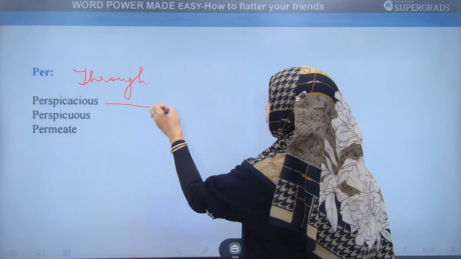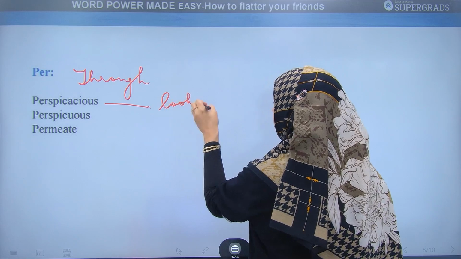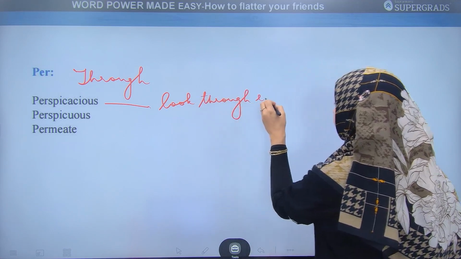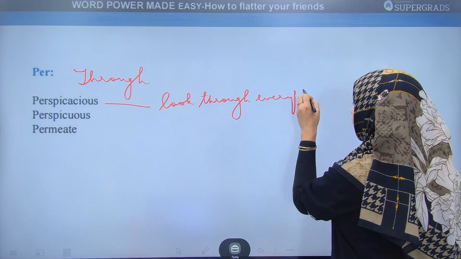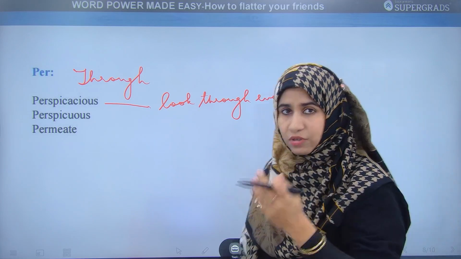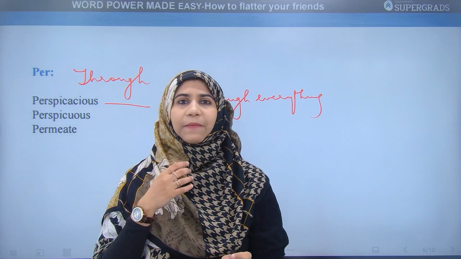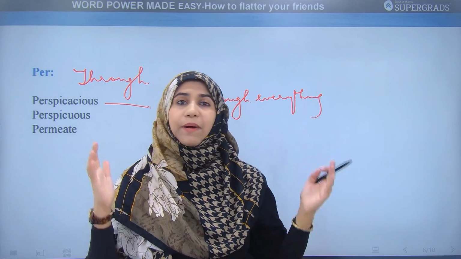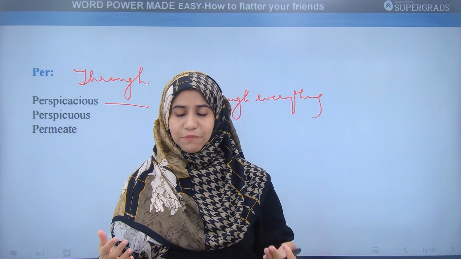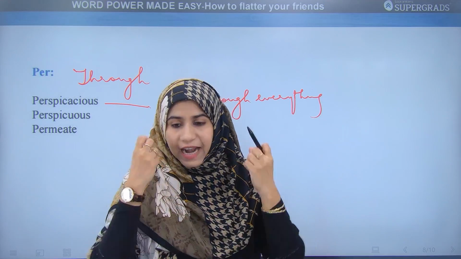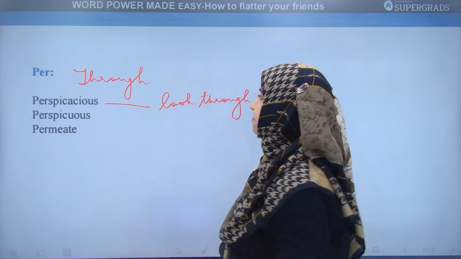So these are the people who can look through anything और एवरीथिंग. उनकी समझ, उनकी नजर, उनका विजन ऐसा होता है कि वो आर पार देख लेते हैं, है ना? उड़ती चिड़िया के पंख गिन लेते हैं. These kind of people, so they can see through any complex thing, they can understand anything. They are such sharp people.